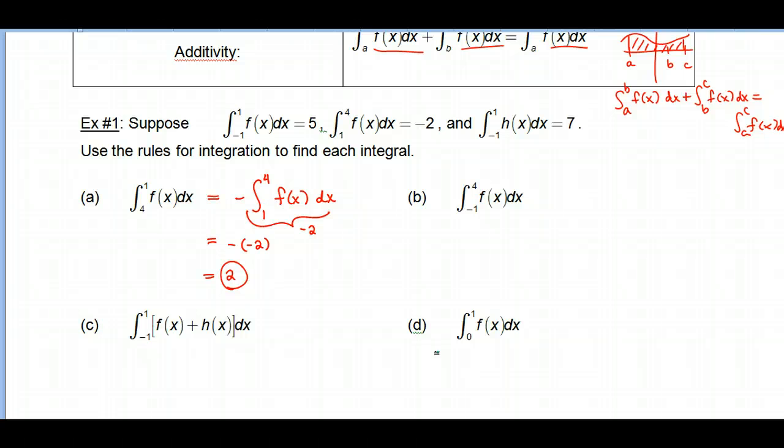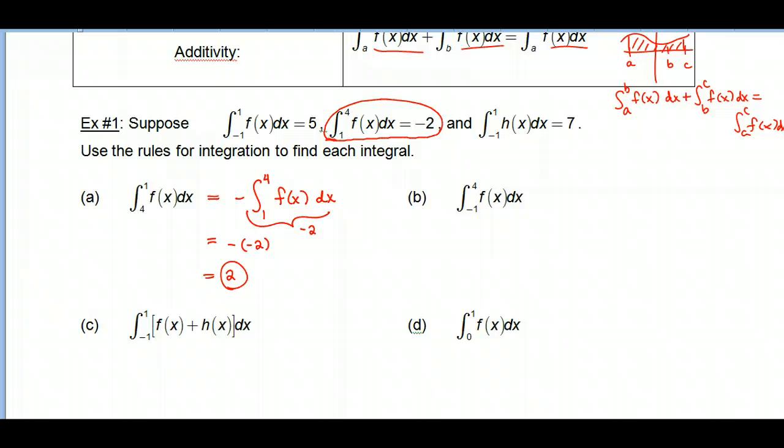We know that from 1 to 4 of f of x dx is equal to -2. So when I pull the negative out in front, you have negative negative, so that makes it positive.